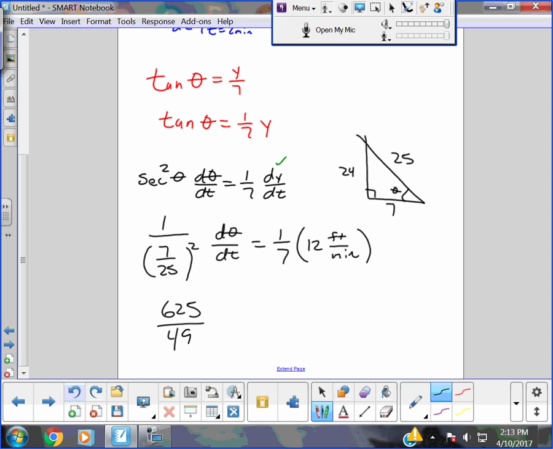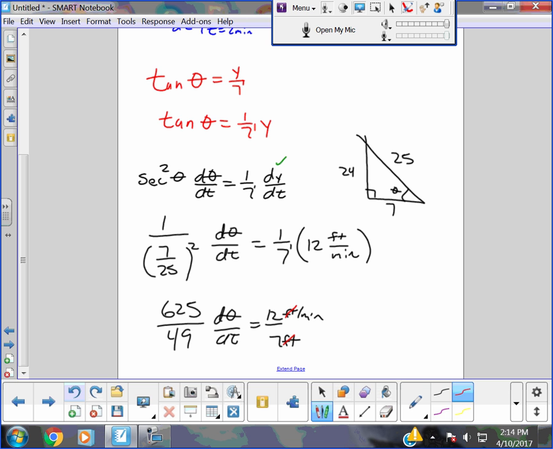So I put 49/625 d theta dt, because I squared it and moved it, equals 12/7 feet per minute. And I should make sure we recognize that the units on the 7 were feet the whole time. This is unitless, feet cancel, so I have 12/7 per minute, but we don't like saying 12/7 per minute, so we put in the word rads.